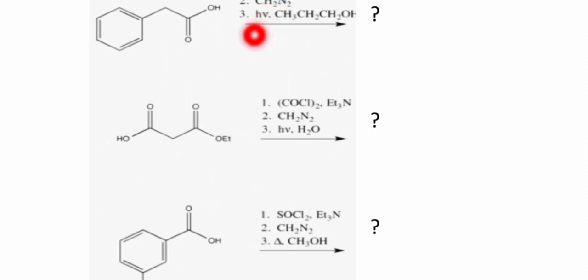After diazoketone formation, what is given? The third reagent is hν and CH3CH2CH2OH, which is nothing but an alcohol. Here they have given hν, meaning light. As we have seen in our previous examples, what is the role of hν, or heat, or silver oxide?